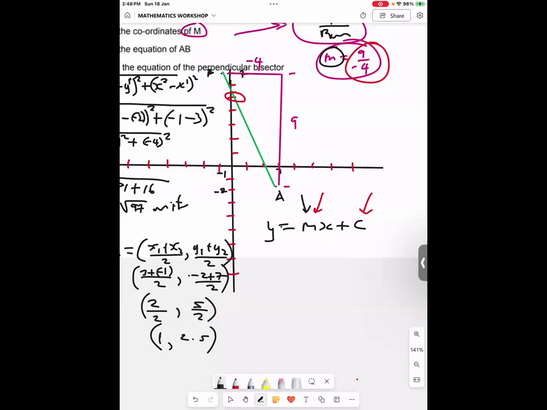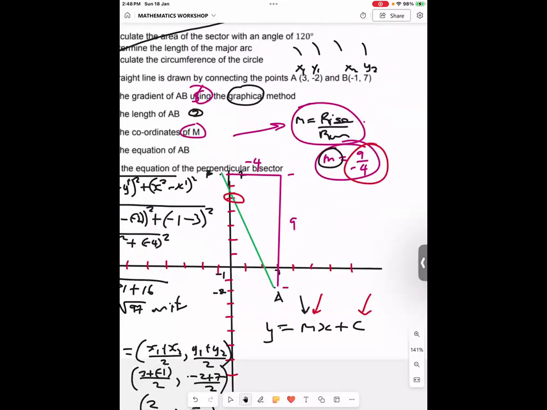And I know that I can either use this bracket up here as my y and x, or use this other bracket. I'm going to use the first one because the numbers are smaller. So in this case, I'm going to use y to be negative 2 and x to be 3, and I already have my gradient, m, which is negative 9 over 4.